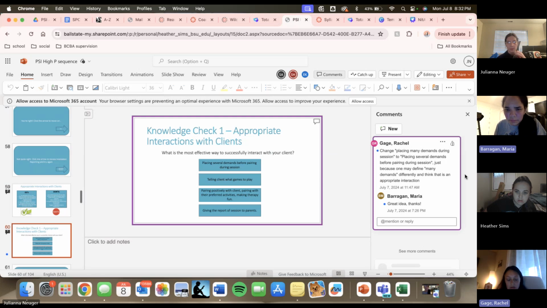And then I love this, the most effective way to successfully interact with your client, and giving some examples. I put over on the side here a comment about placing many demands during session, to reword a little bit to placing several demands before pairing during session, only because I think that some ABA professionals might define many demands differently and think it's an appropriate interaction.